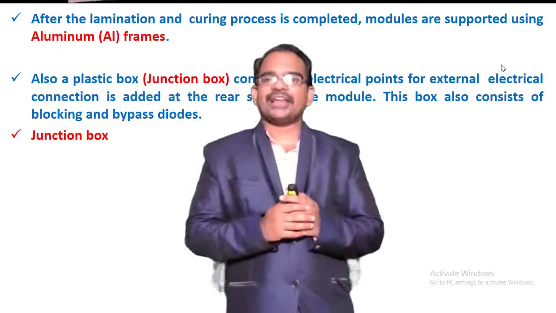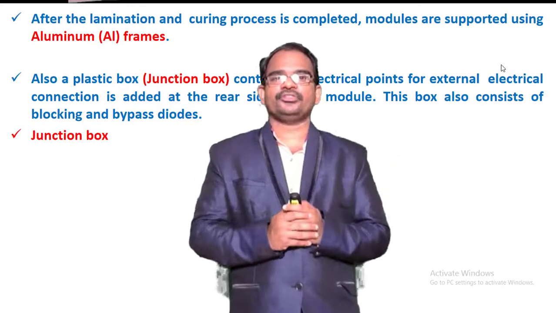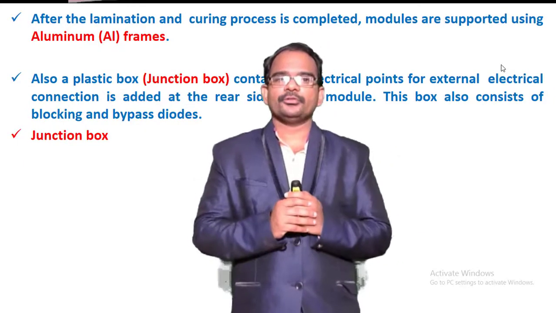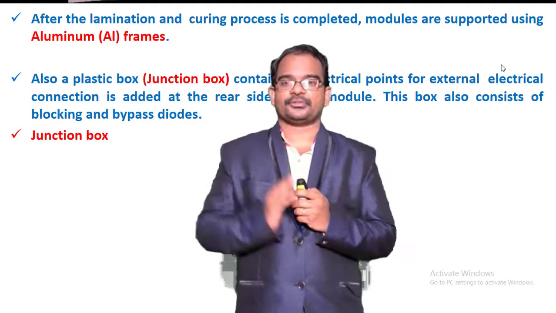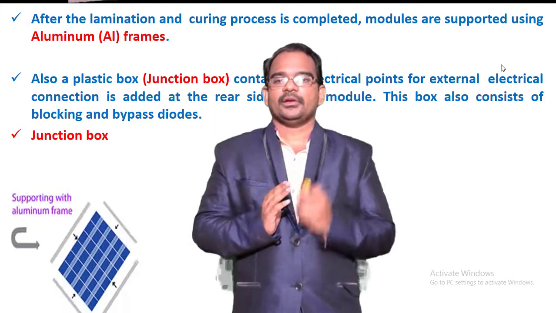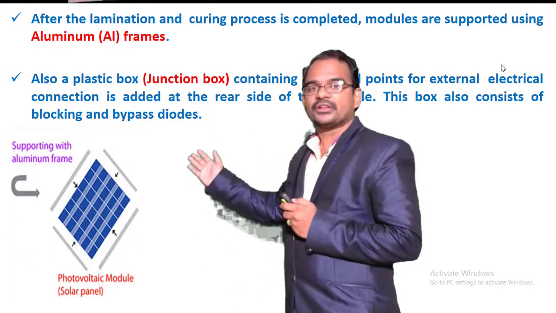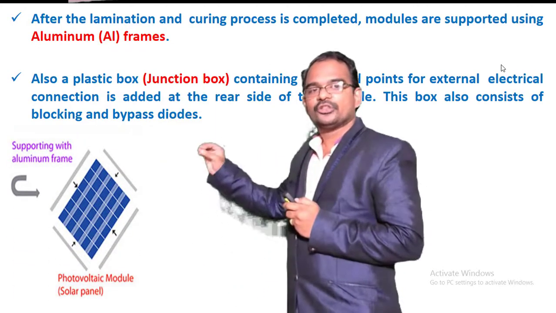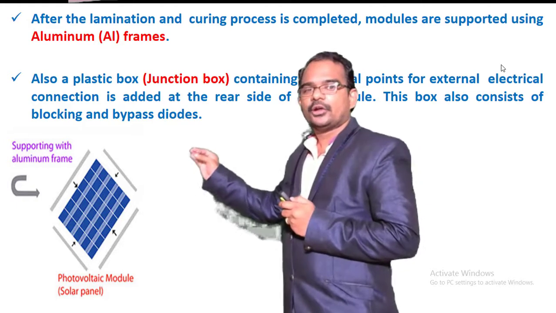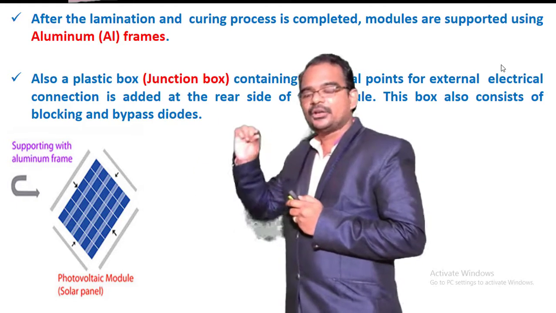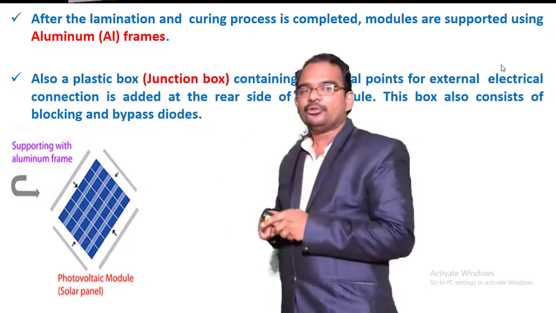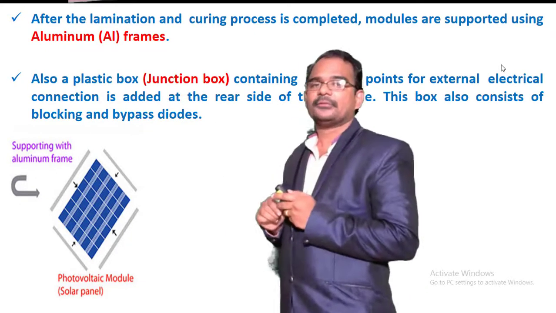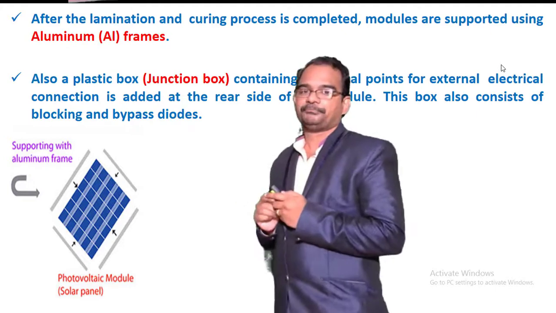After the lamination and curing process is completed, modules are supported using aluminum frames. You can see it here. Now that the laminated PV module is assembled, it should be framed with aluminum frames for mechanical support.